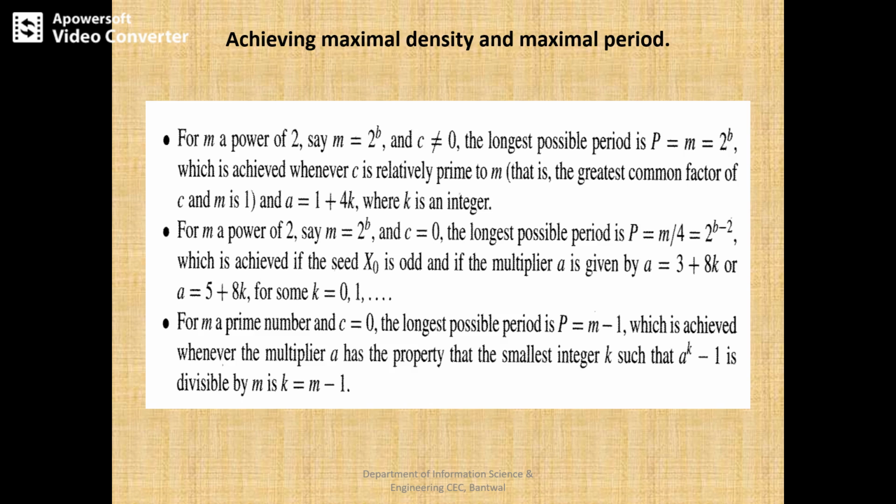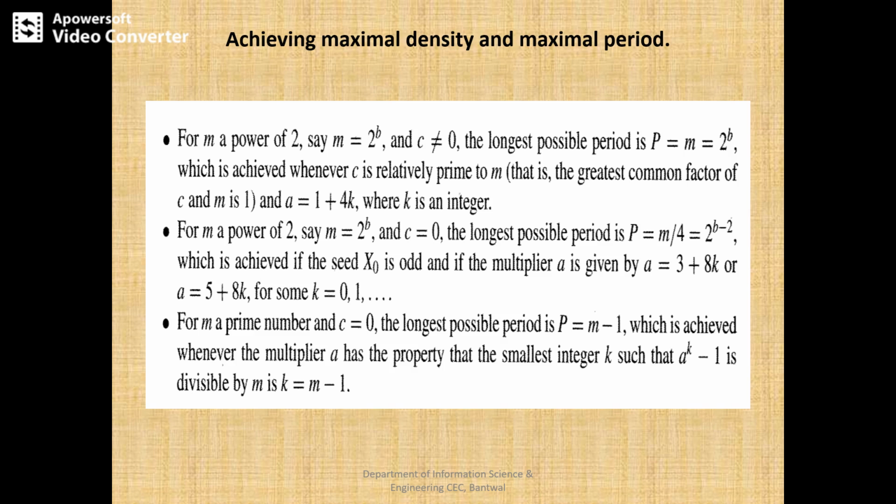First, for small m, a power of 2, say m equal to 2 to the power b, and c not equal to 0, the longest possible period P is m equal to 2 to the power b, which is achieved whenever C is relatively prime to M, that is, the greatest common divisor GCD of C and M is 1, and A equal to 1 plus 4k, where k is an integer.